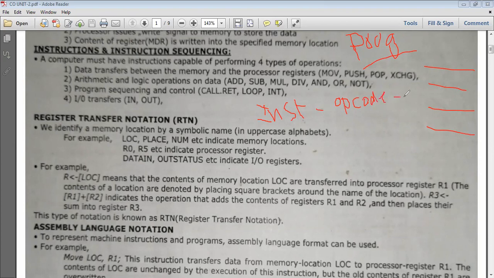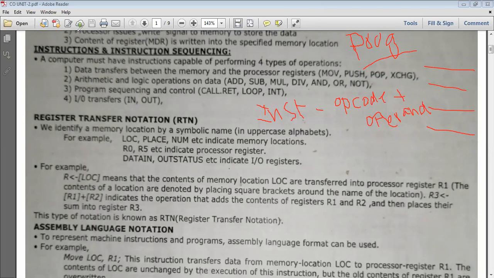By using the opcode, we know which operation is performed. That is also called the mnemonic. Operand means which data is being taken, that is from the registers or from memory locations or a direct data, whatever it may be. The data which is used to execute that instruction are the operands.